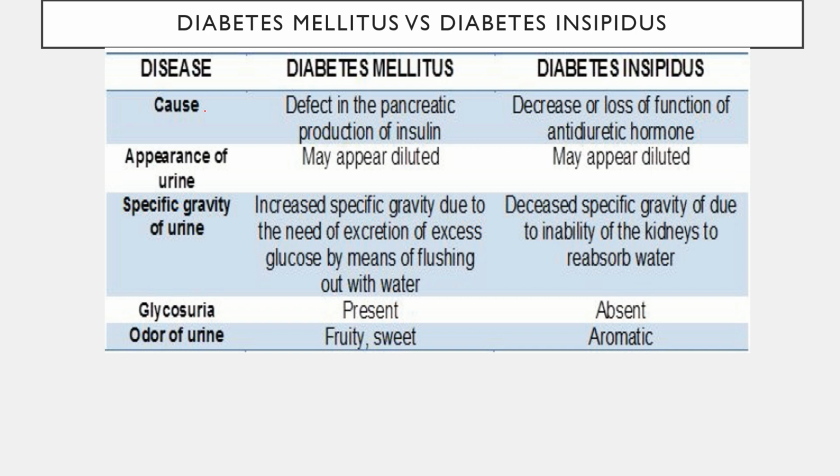So, diabetes mellitus, class, is caused by a defect in the pancreatic production of insulin. So, may problema sa pag-produce ng insulin. While diabetes insipidus naman, class, is caused by the loss of function of ADH or the antidiuretic hormone.